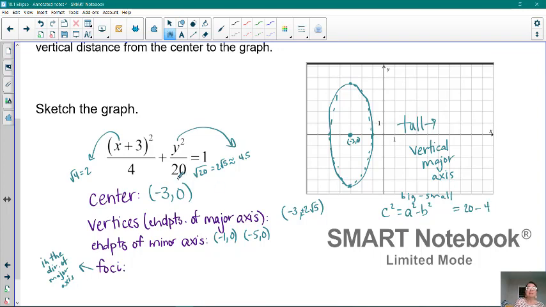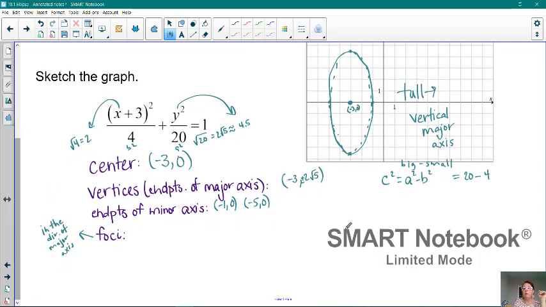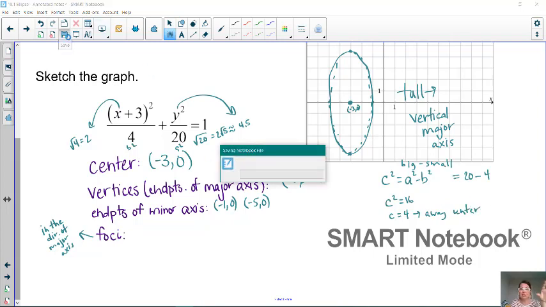So yes, this is A squared and this is B squared if you just really want to use some A's and B's, which is perfectly fine. So I get, under my annoying watermark there, C squared is equal to 16, which means C is equal to 4. So I'm going that much away from my center in the direction of the major axis.